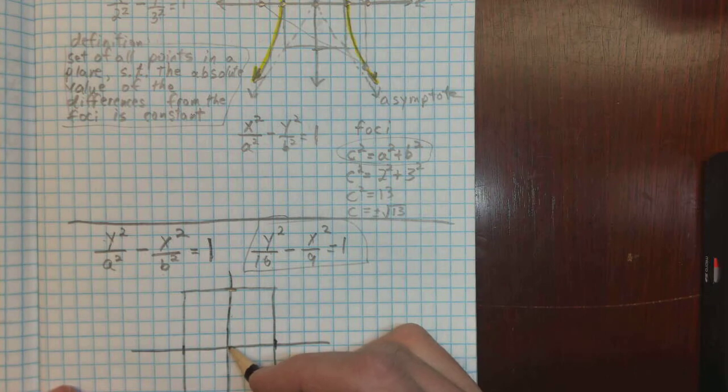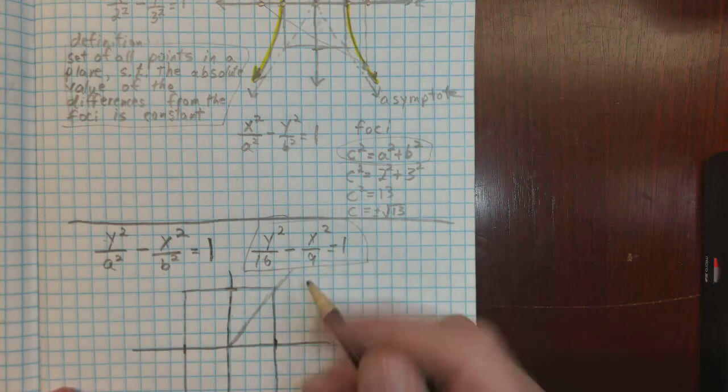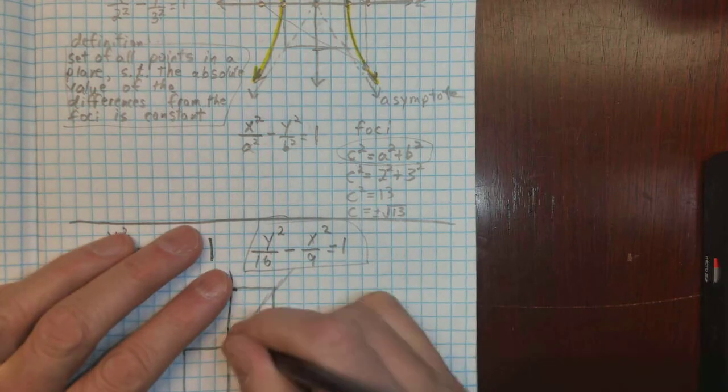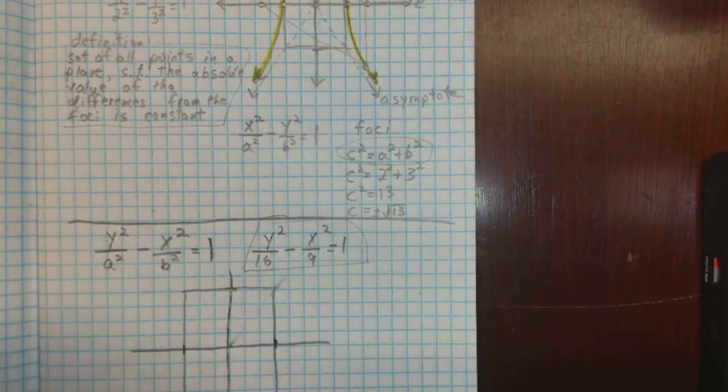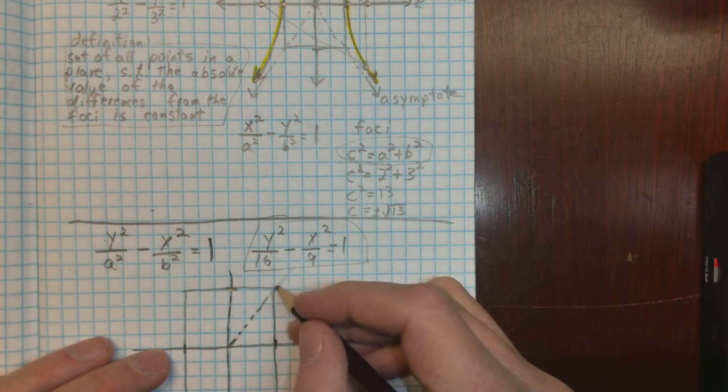Now, I wanted to make those dotted lines, because I'm drawing asymptotes now.